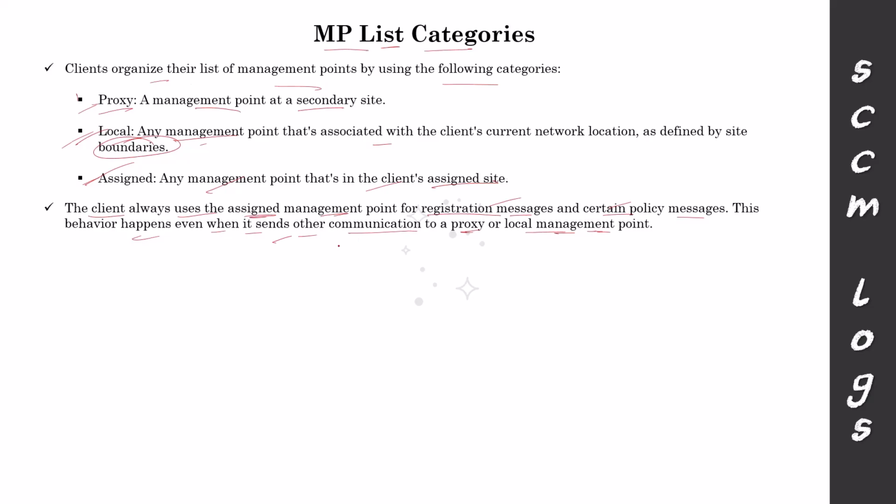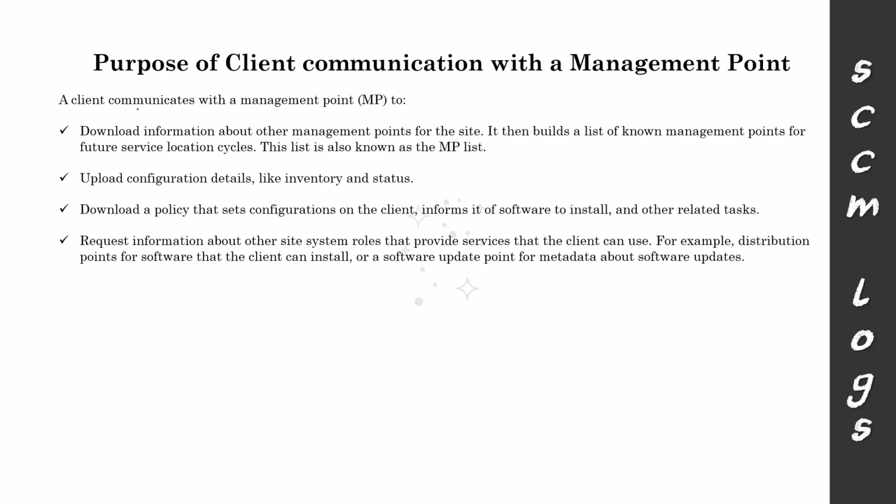So next, the purpose of client communication with the management point. Why does the client need to communicate with the management point, and how? A client communicates with the management point to download information about the other management points for the MP list, to upload configuration details like inventory and status, and to download policies to install software or perform other related tasks.